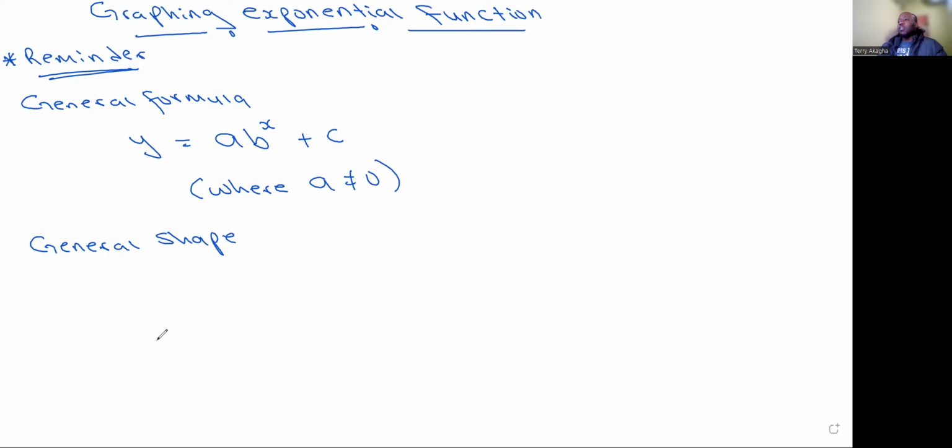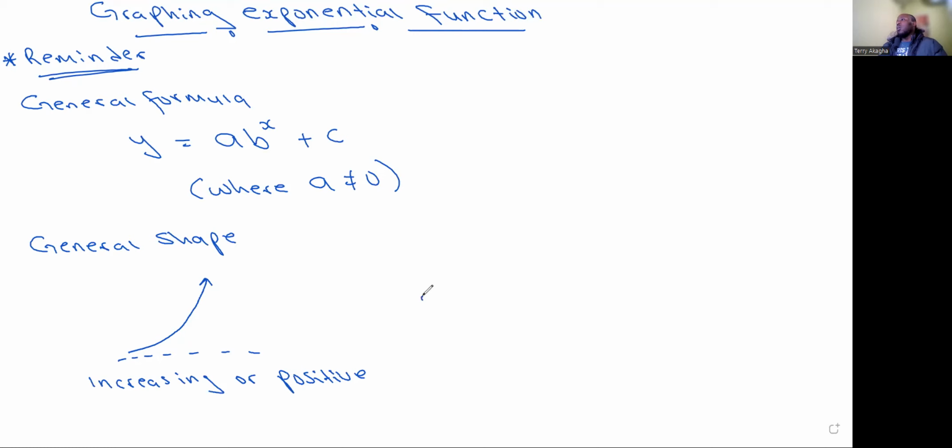Now, an exponential function could be going upwards. This is what we call an increasing or positive exponential function. Similar to rational functions, you also have an asymptote.